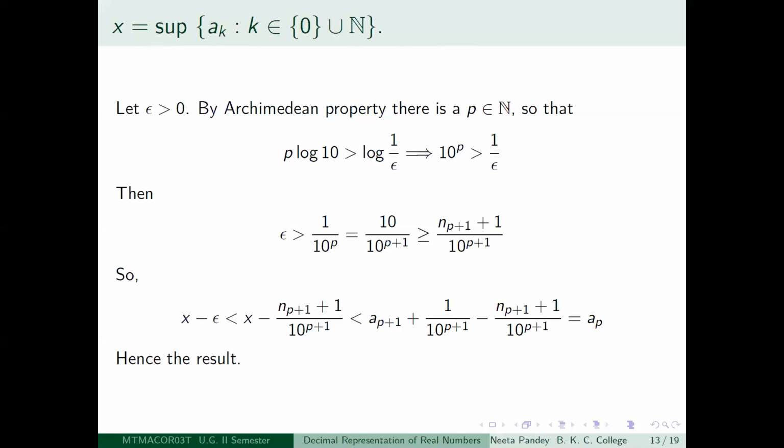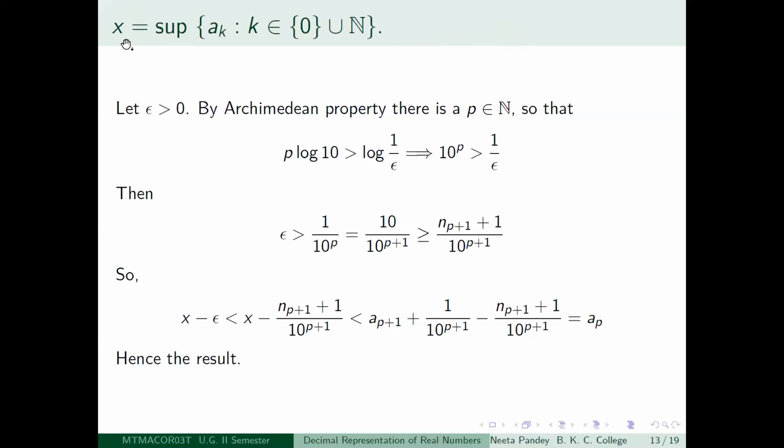And conversely, suppose you are given a point on the real line. You just do this process in the opposite direction. If you are given any point on the line, then it will be between one of the line segments defined by n0 and n0 plus 1. So take that n0 as the integral part of the real number which you are trying to find. Similarly, that point is between some n1 by 10 and n1 plus 1 by 10. So that n1 is giving you the first decimal place in the expansion of x.